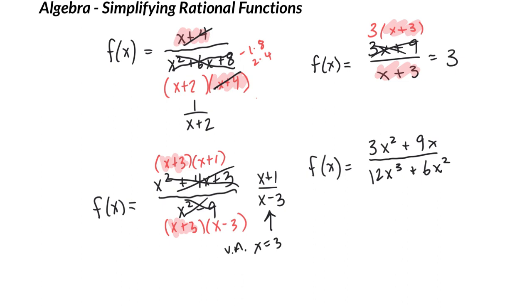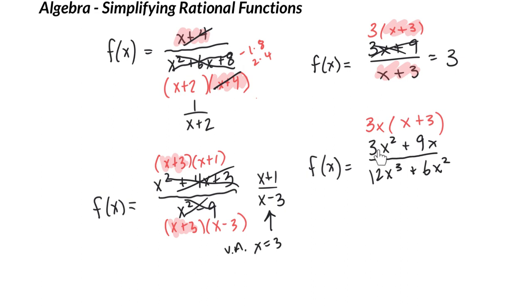So if I were to divide a 3x out of everything, I would get 3x multiplied by x plus 3. I would always double check this: 3x times x is 3x squared, 3x times 3 is 9x. And going the opposite way, as you're doing your factoring, just think what they have in common and divide that out. That's what factoring is.